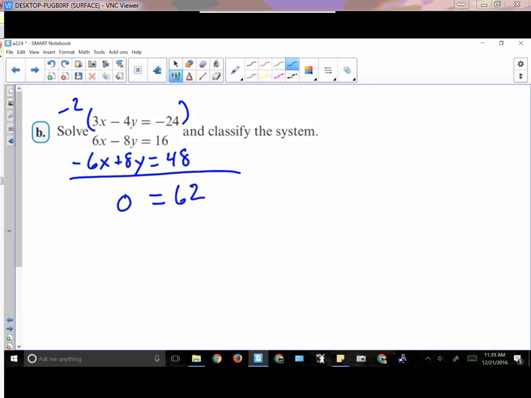Oh, 64, sorry. Is that possible? And the answer is no. So because this is not possible, there is no solution to this. So this is just simply going to be inconsistent.